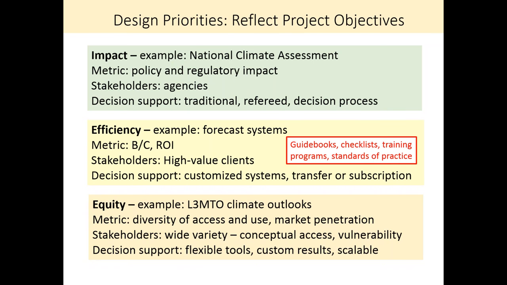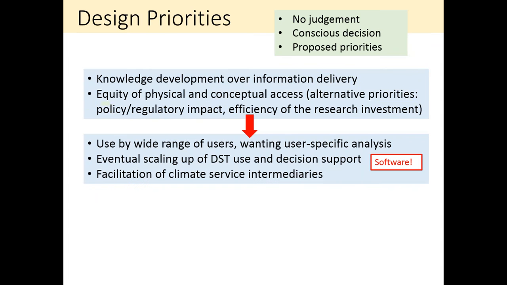From here on out, this objective of equity is an assumption of where we go forward in talking about design strategies and tactics. The key is if you're looking at equity, we're going to be having a wide range of users. Those users will want analysis that's unique to them because they don't see just general results as being applicable to their specific needs.